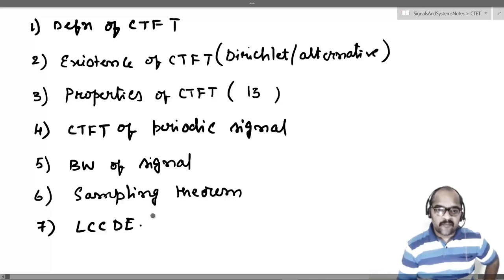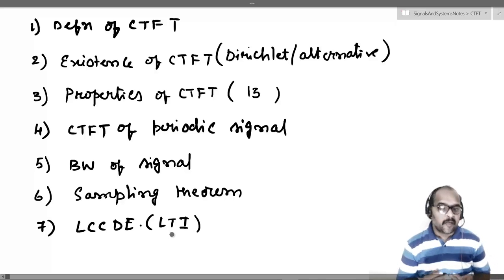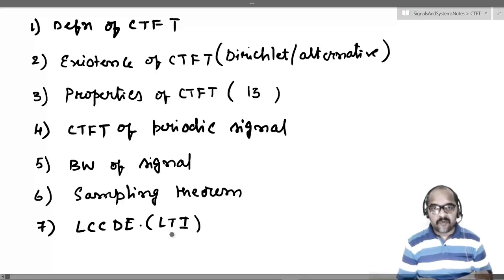Indirectly we talked about LTI systems. Fourier transform can be applied only to stable systems, so indirectly we can say that frequency analysis of any LTI system is done provided the system is stable.